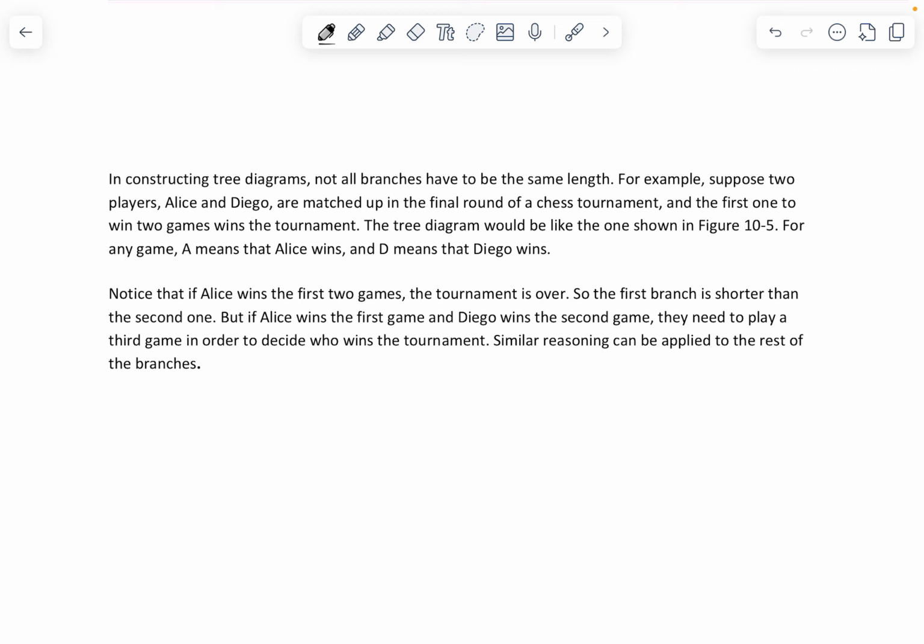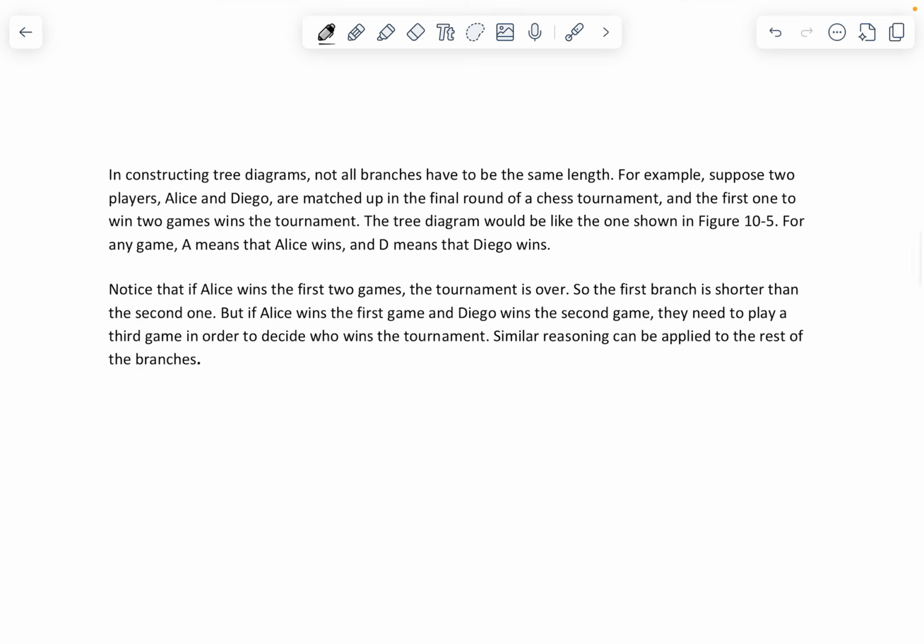And the first one to win 2 games wins the tournament. So the tree diagram would look like this, right? You have to win 2 games to win the tournament, right? But there are 3 games total, right? So it looks like something like this.